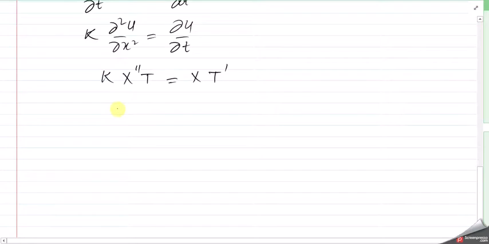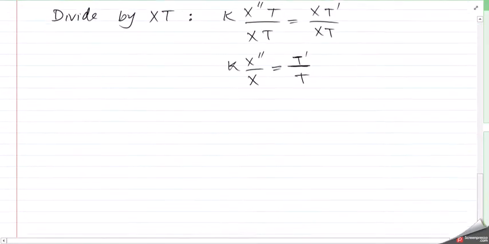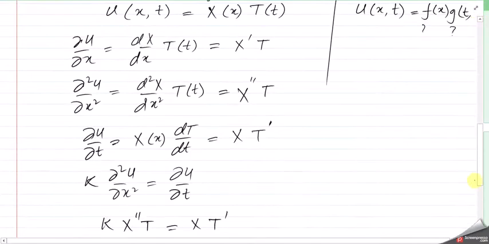In order to successfully separate the variables, we divide this expression across by X T. So we get k X double prime T over X T equals X T prime over X T. That would give k X double prime over X, because T is cancelled here, equals T prime over T. As you can see, our X is separated out and T is separated out.